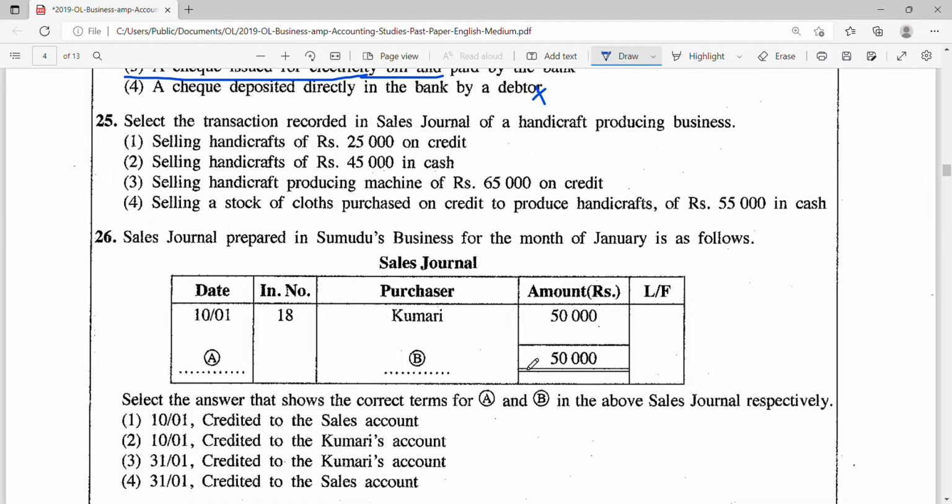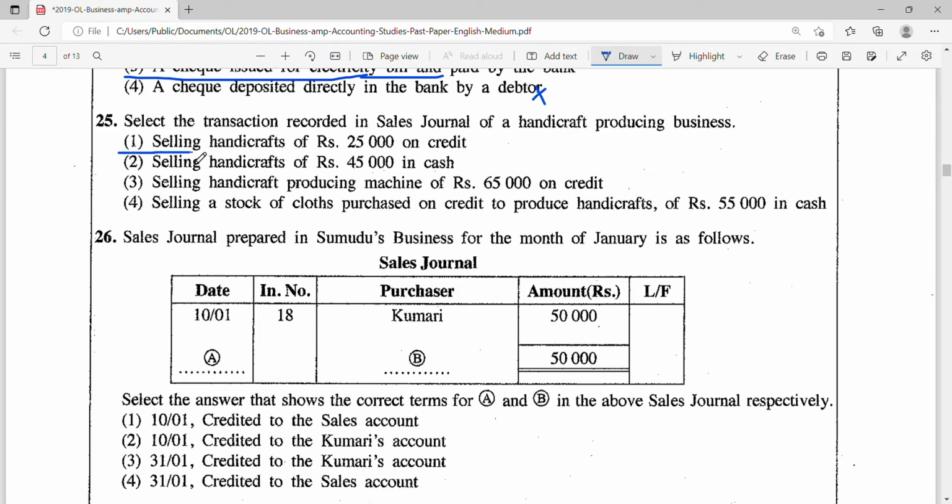Question number 25. Select the transaction recorded in sales journal of a handicraft producing business. Selling handicrafts of rupees 25,000 on credit. Yes, whenever the output is sold on credit, it will get recorded in sales journal.